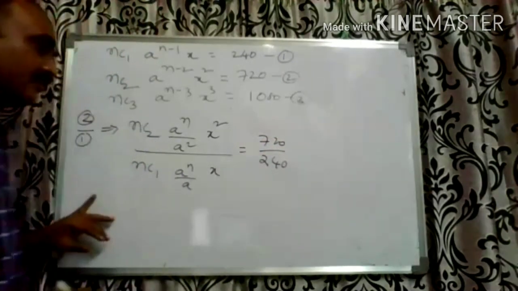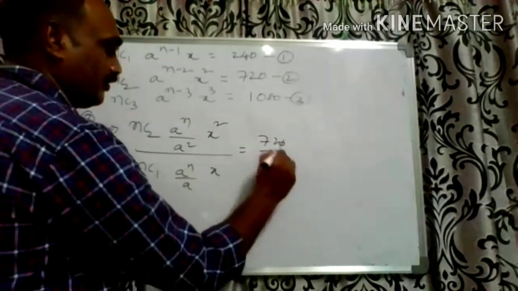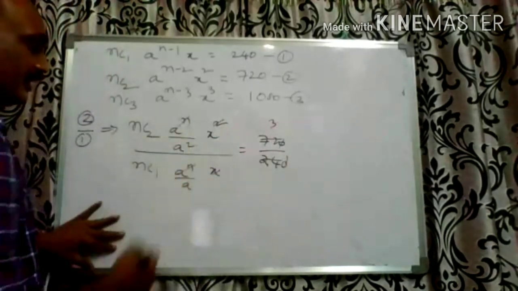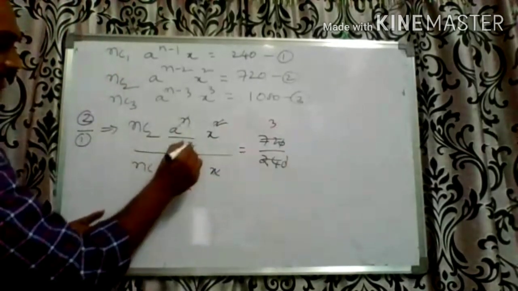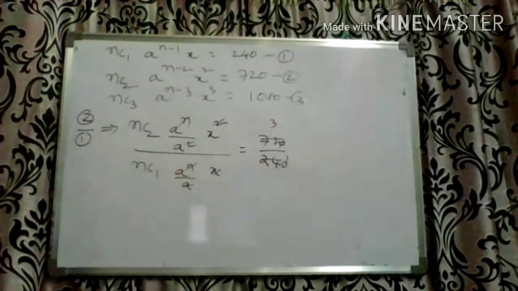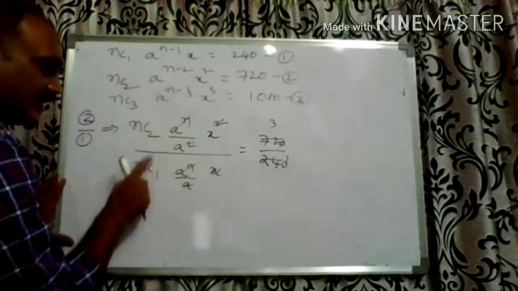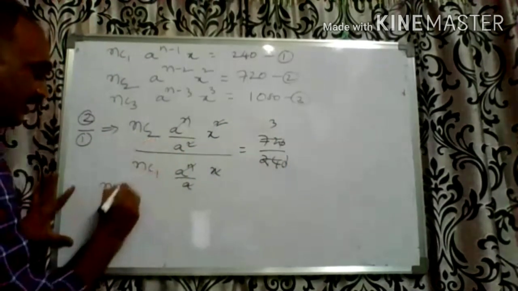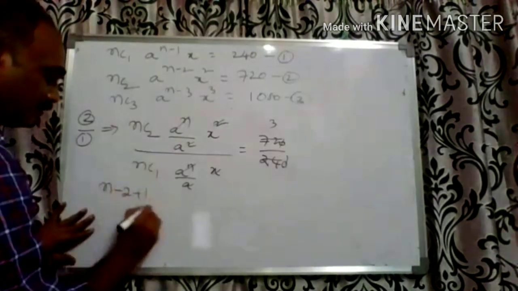So 240 times 3 is 720. So x gets cancelled, a^n gets cancelled, one a cancels. Now nC2 by nC1, using the formula nCr by nC(r-1) is (n - r + 1) by r.